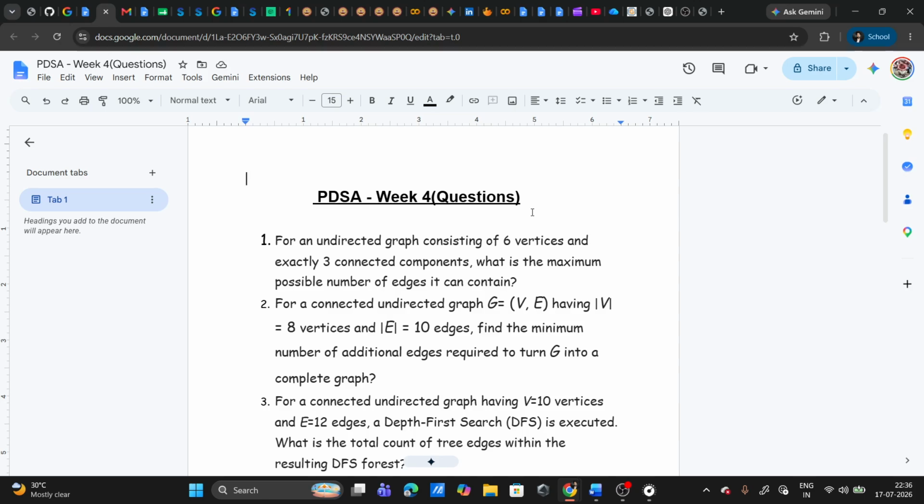Okay, so for an undirected graph consisting of 6 vertices and exactly 3 connected components, what is the maximum possible number of edges it can contain? So we have an undirected graph which has 6 vertices and exactly 3 connected components. Let's write it first.